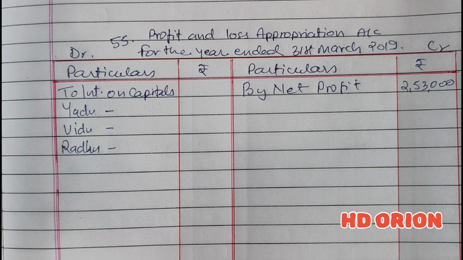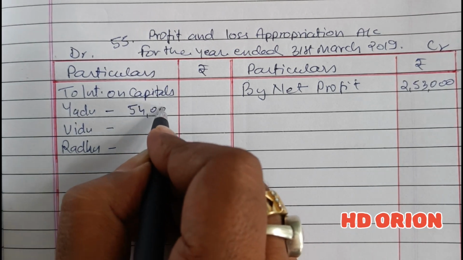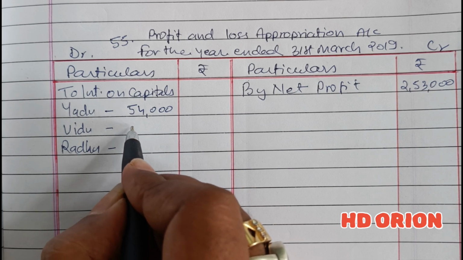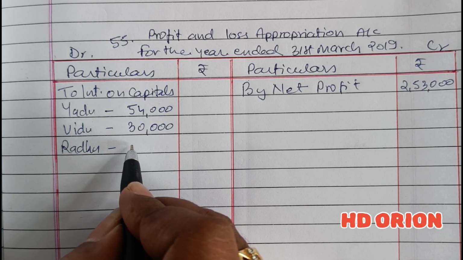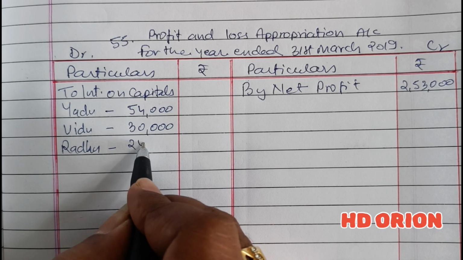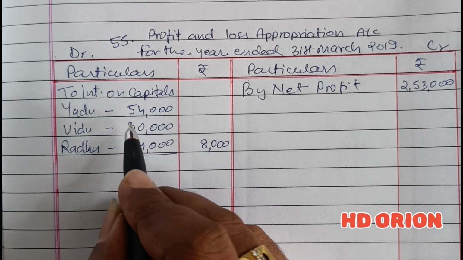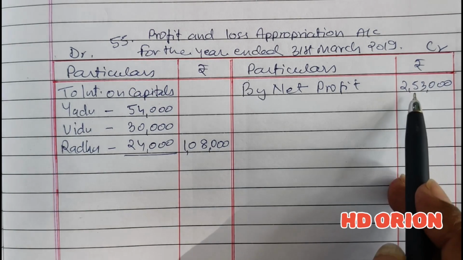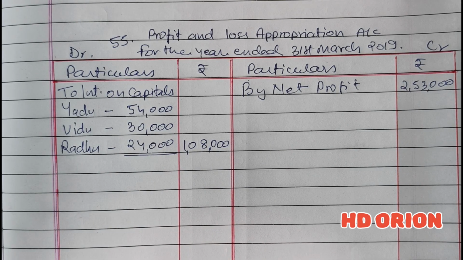So 9 lakhs 6% is rupees 54,000, and Vidu's capital is rupees 5 lakh, 6% of which is rupees 30,000, and Radhu's capital is rupees 4 lakh and 6% of which is rupees 24,000. So here it will come 1,08,000. Now out of this much profit, 1,08,000 is given in the form of interest on capital.